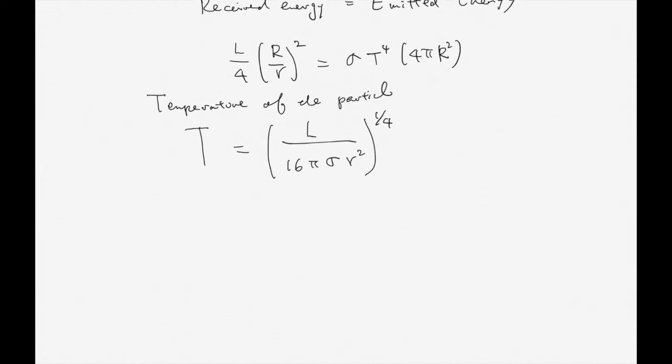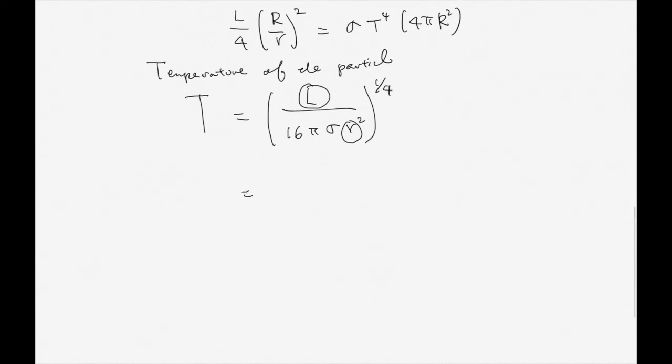If you substitute the solar luminosity, the luminosity of the Sun, and the distance from the Sun to the Earth, 1 AU, you can find the number: 280 Kelvin. This is the temperature of a particle if we place it at 1 AU.